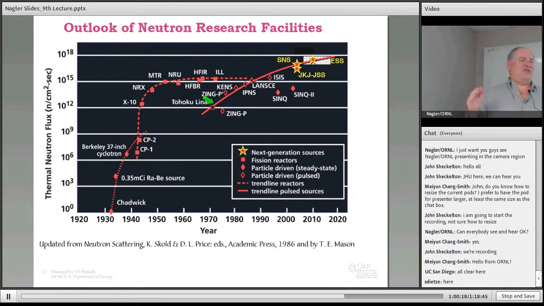Most of the time during that second, the flux is 0. So if I do the time average of these spallation sources, it turns out that they're significantly weaker than the reactors. But the trick, as you will see, is that for some experiments, it is this peak flux that is the important quantity. That's the kind of magic of it.